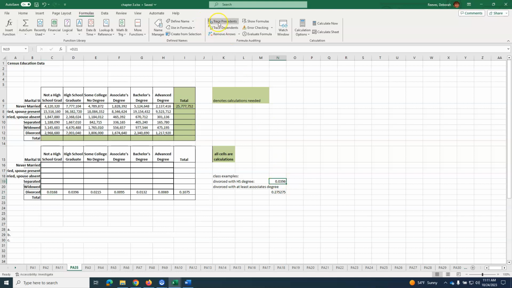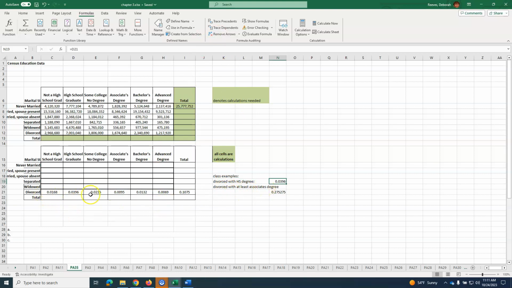Let's look at this. Divorced with a high school degree, is this probability? So that would be the answer to that question. The probability is someone who's divorced and has a high school degree. And that would just be that, and that's that calculation. This calculation, I have divorced with at least an associate's degree.